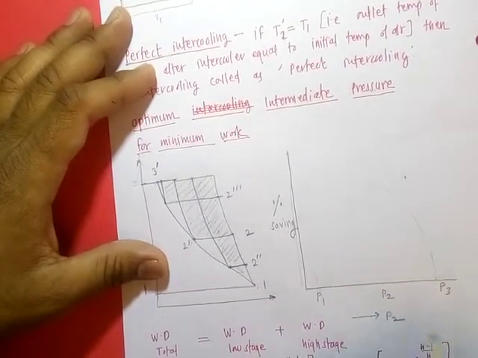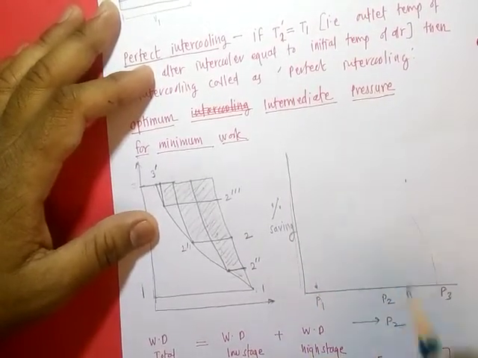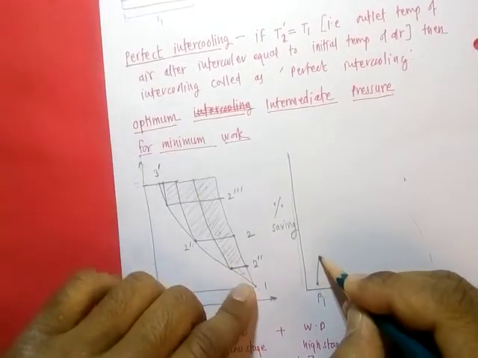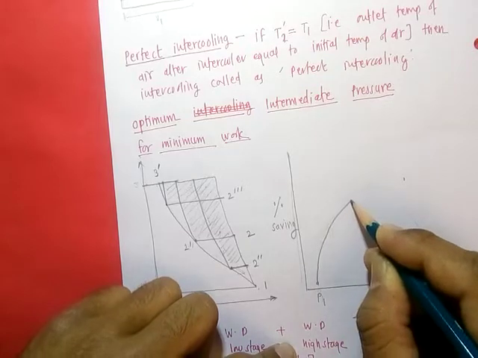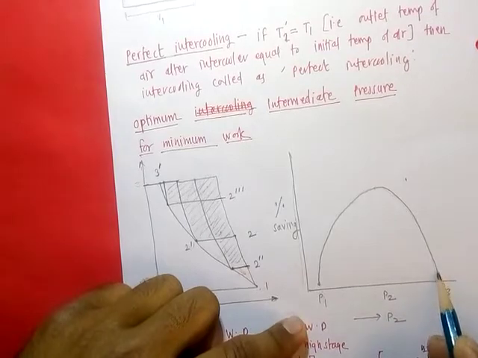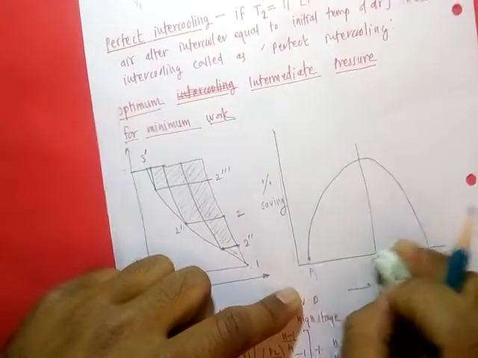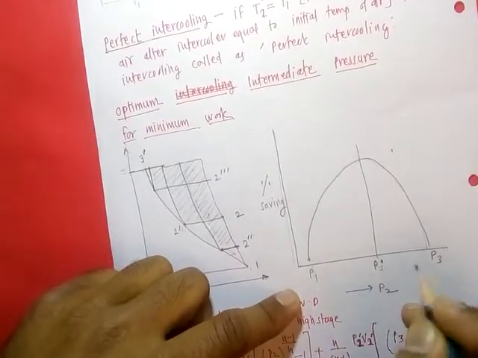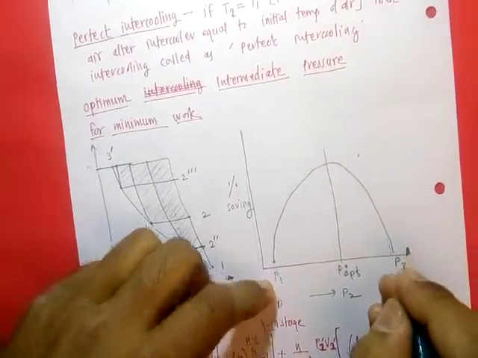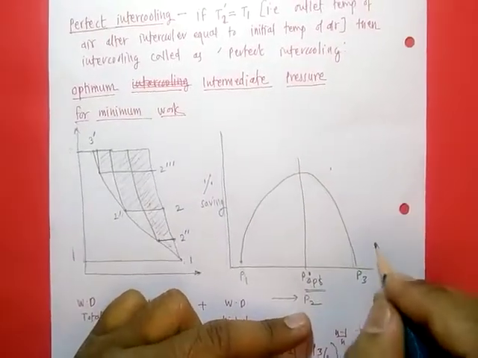If we vary P2, when P1 is equal to P2, there is no compression. As we increase the pressure ratio, work saving potential increases, attains a maximum value, and then decreases again. So at some intermediate pressure the work saving is maximum, and this is called the optimum pressure, and the corresponding pressure ratio is called the optimum pressure ratio.